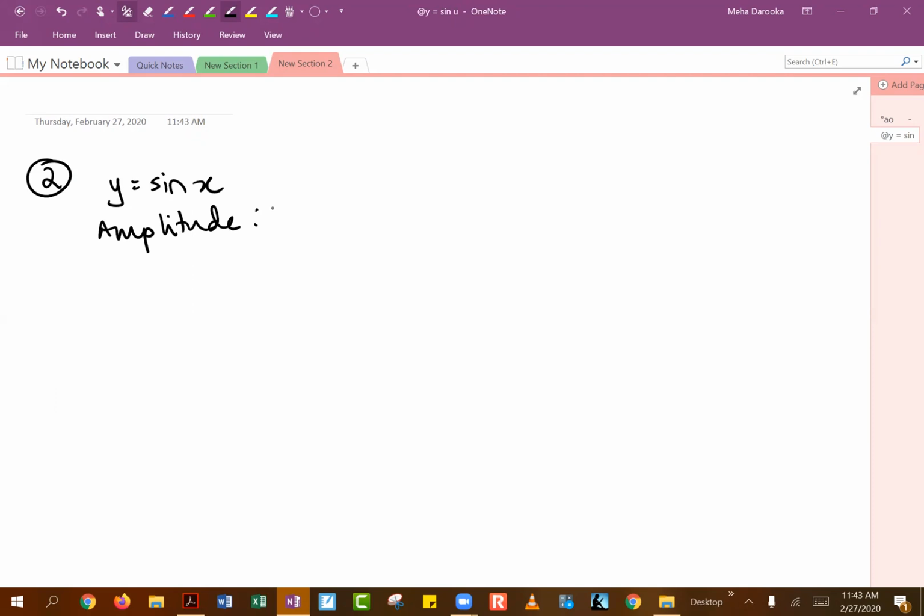Very good. Amplitude of 1, period of 2 pi. And then for our key points, what would we do? Where would you start at your x value? Yeah, you would start at 0.